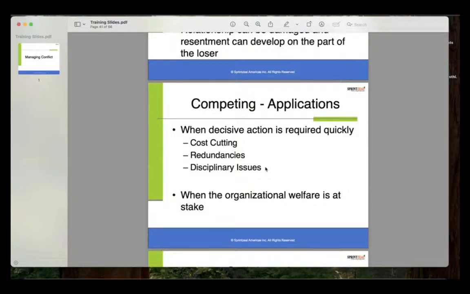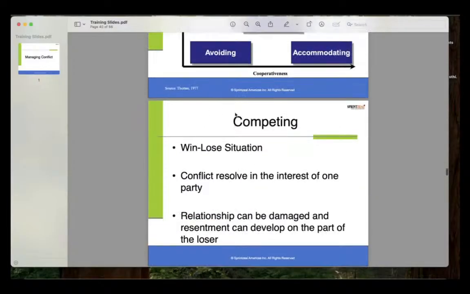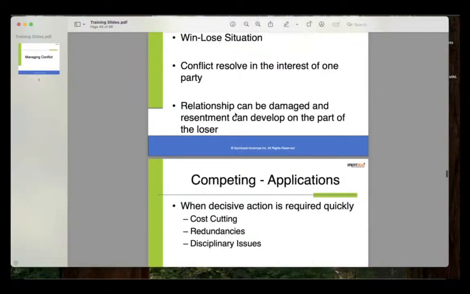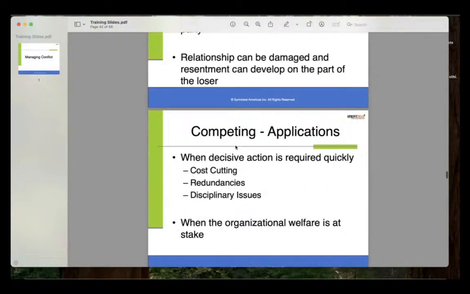Then when the organizational welfare is at stake. When there is a conflict, we cannot take much time in its resolution, and it is required quickly. So these are some points that need to be considered while picking the style of conflict resolution. After that, competing. Next one was collaborating.